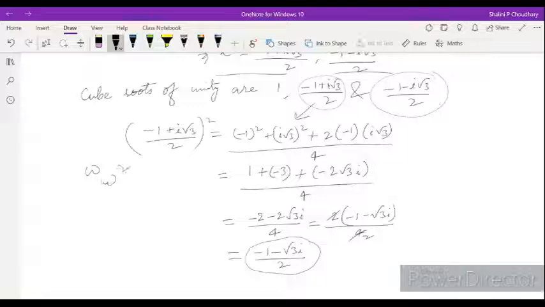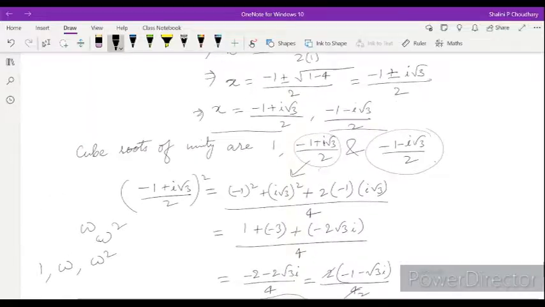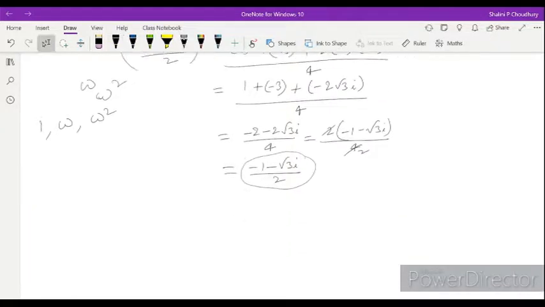So the three roots will be considered as 1, omega and omega square. These are the three cube roots of unity.